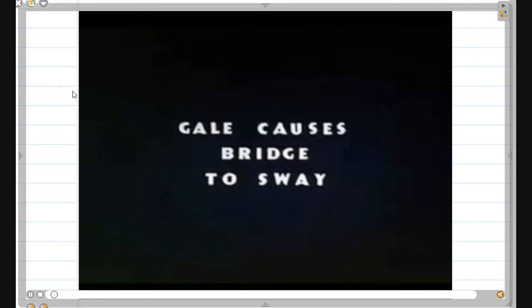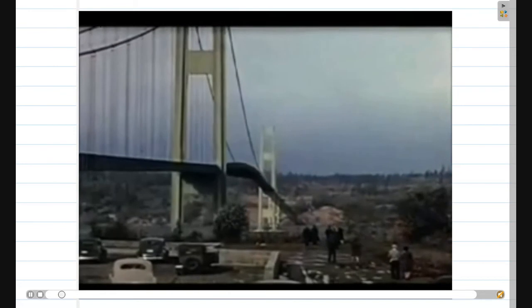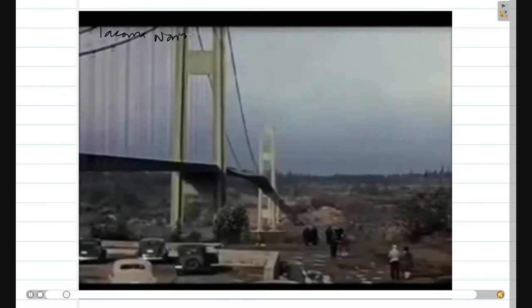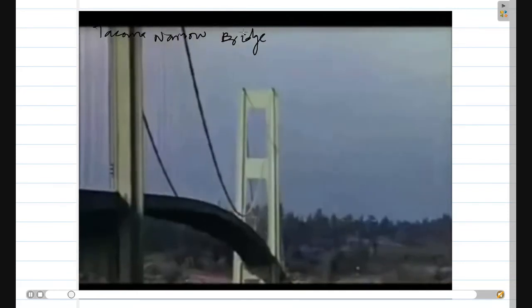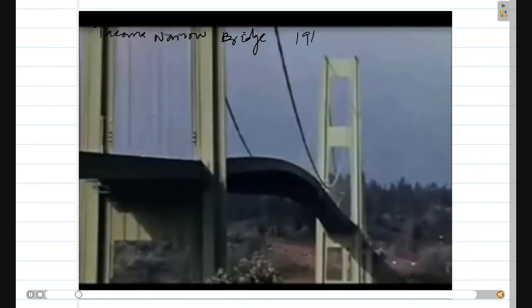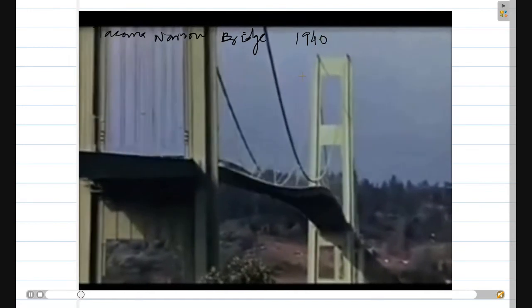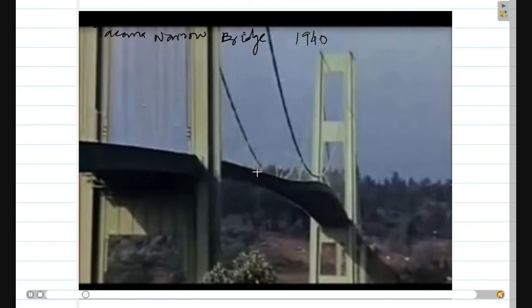So this is basically the collapsing of the Tacoma Narrows Bridge. It collapsed soon after its construction. In fact, it was constructed in 1940 during the Second World War in USA, and about 2 months after construction, it started to vibrate like this.